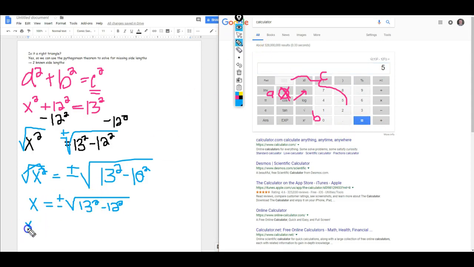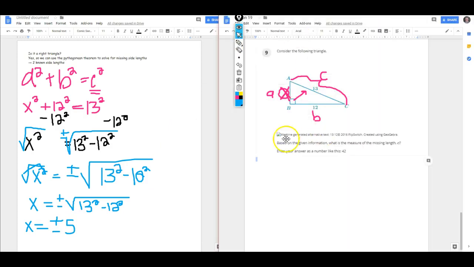So x, that distance, could equal the positive length or the negative length of 5. Now I said length because I know I was talking about a triangle, and I'm thinking to myself, you can't have a negative distance. So this answer is x equals 5. So enter your answer as 5. Hope that helps.